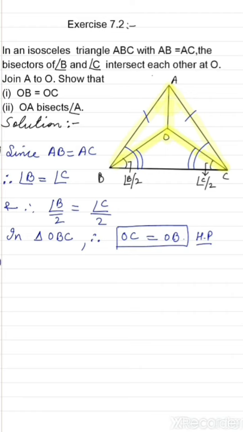In the second part you have to prove that OA bisects angle A. Now here you may see you have two triangles, triangle AOB and triangle AOC. We are going to prove them congruent. So let's see. In triangle AOB and triangle AOC, in these two triangles, let's see which criteria we are going to use.